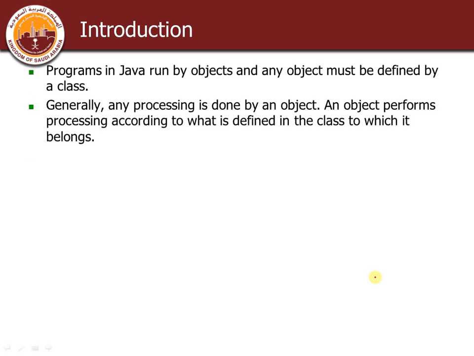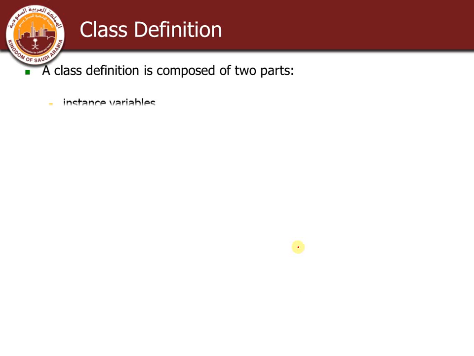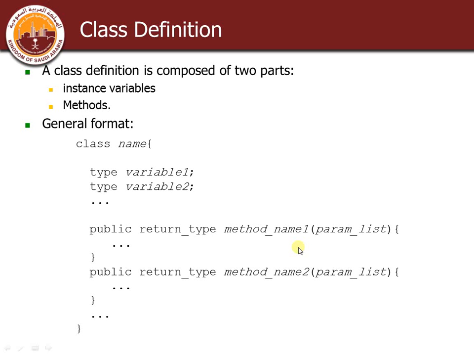Let me show you some examples of a class. Let's have a look at an example. Maybe this is the general form of a class. Whenever we created a program, we just went straight to the static void main, where we type the code.